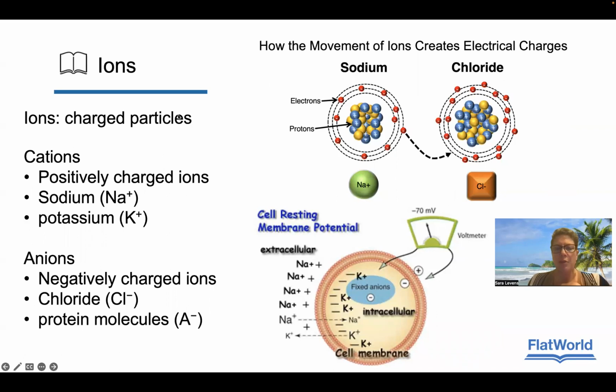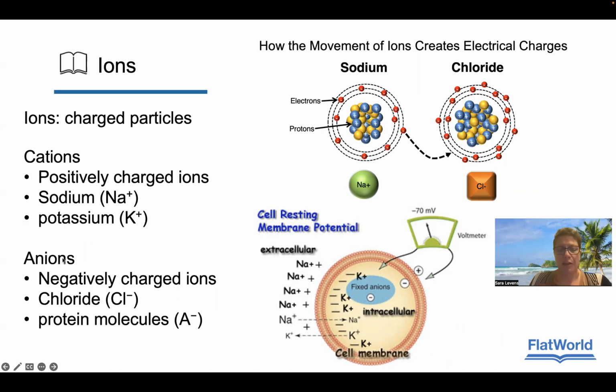We have this basic element with ions. Thinking way back, ions are charged particles, and they can either be positively charged cations, which would be sodium and potassium. These are involved in neurotransmission and neurocommunication.